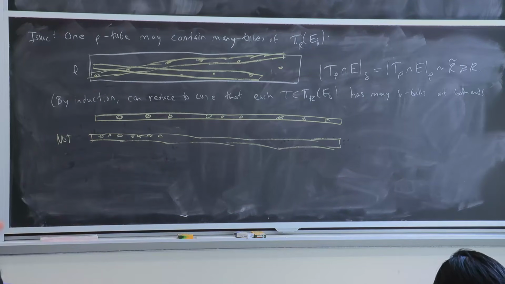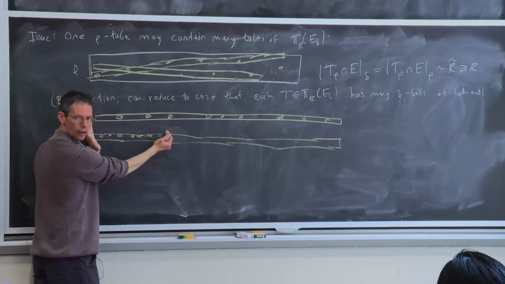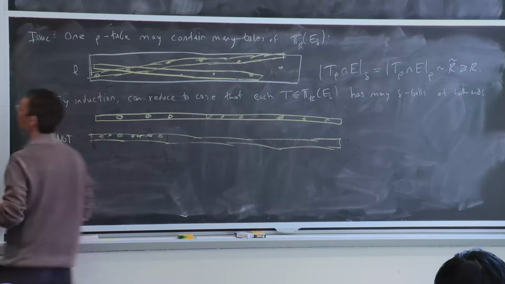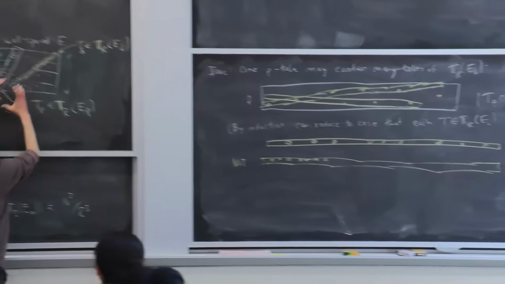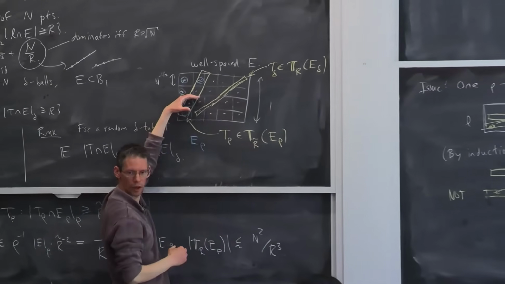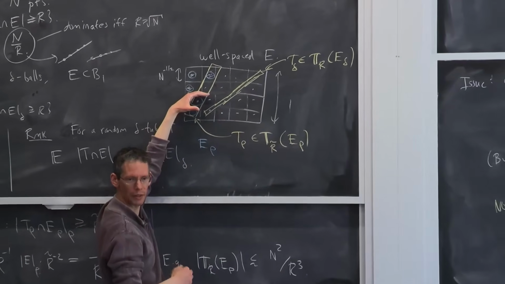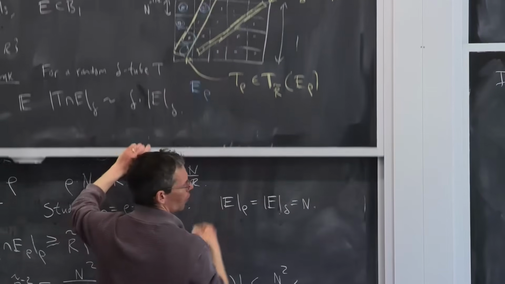So in a nutshell, how would we do this? If all of the delta balls were actually in a much shorter tube, then in my original picture, I could cut my set E into separate pieces and just look at R-rich tubes on each of those pieces, and I could do some induction. OK.